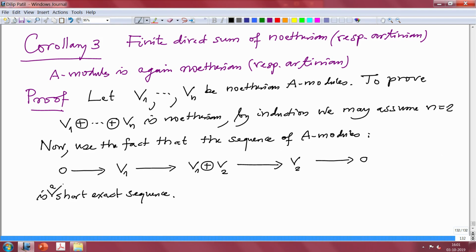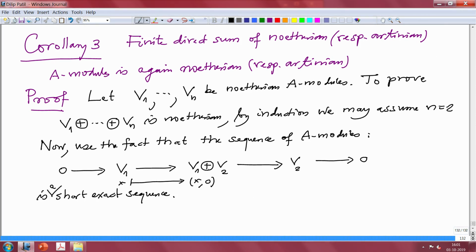What are the maps? Now, the maps are very clear. This is an inclusion map. That means, any x here goes to, I have to write 2-tuples only, because the elements of the direct sum are tuples where non-zero entries are only finitely many, but here there are only 2 modules. So, this is x comma 0.